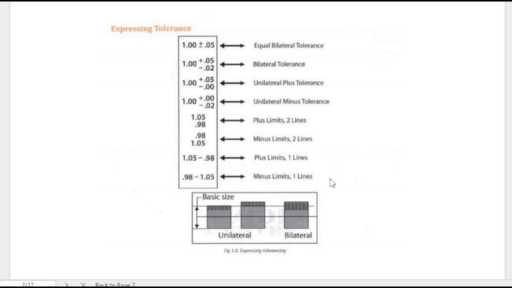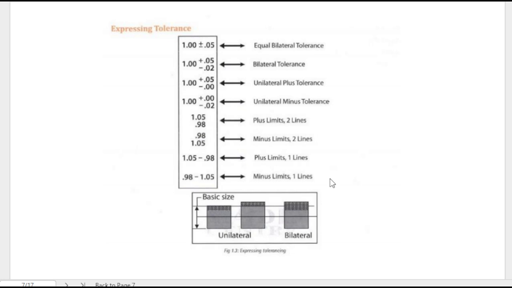Third is unilateral plus tolerance, 1.00 plus 0.05 minus 0.00. This is only unilateral plus tolerance. Fourth one is unilateral minus tolerance, 1.00 plus 0.00 or minus 0.02. This is unilateral minus tolerance.